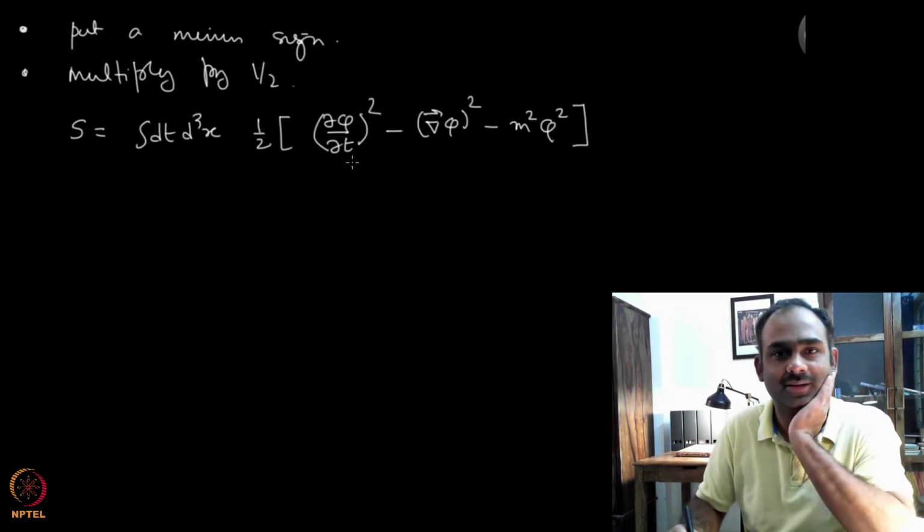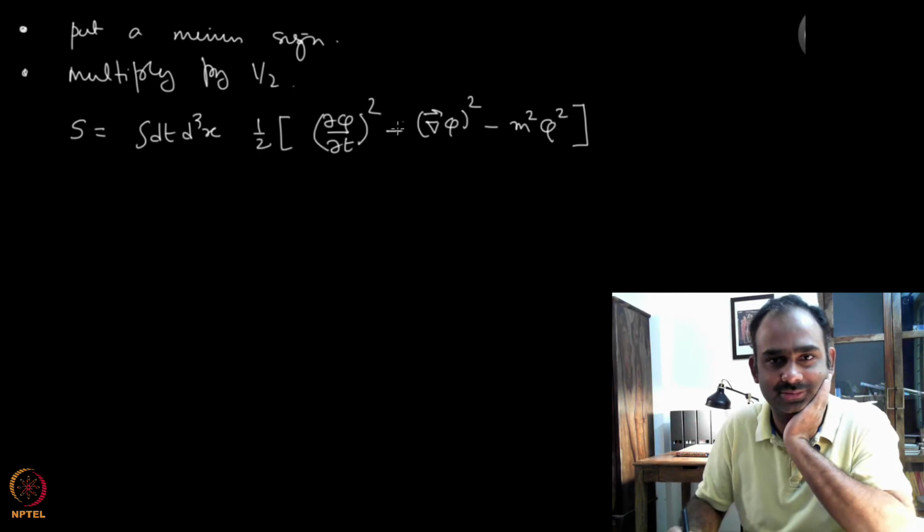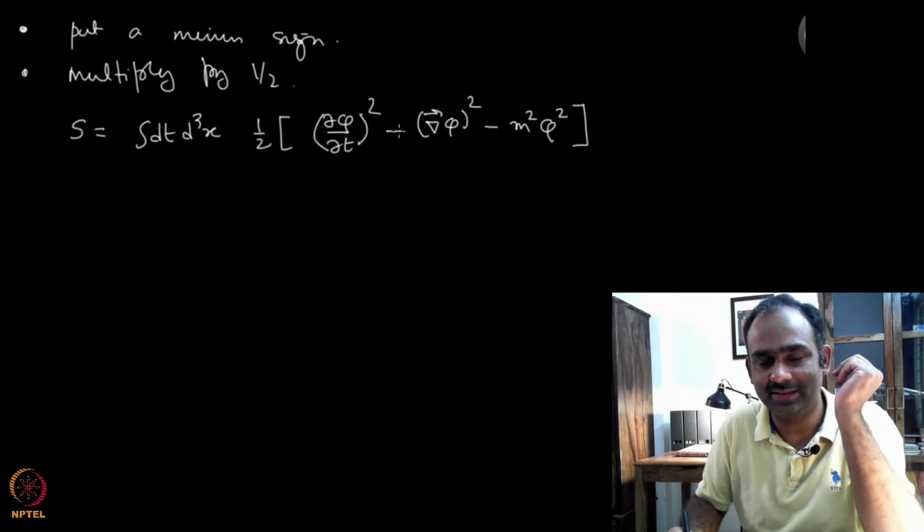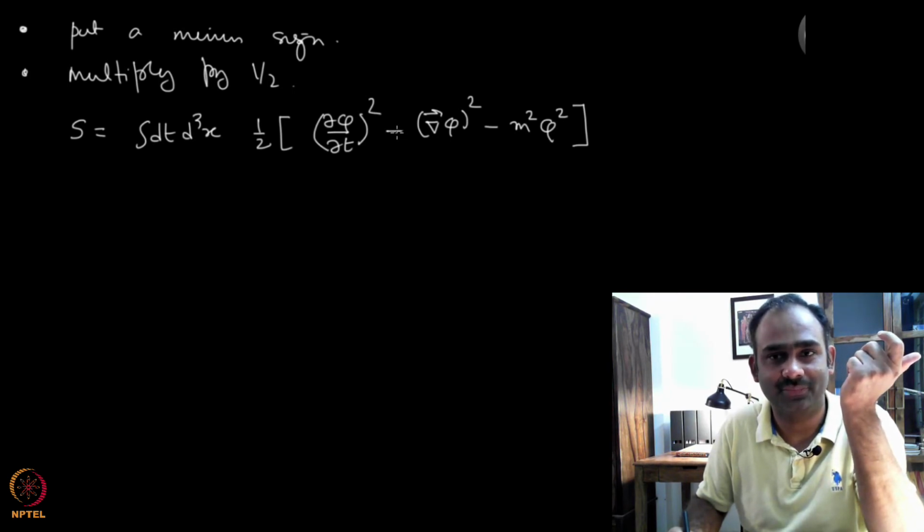If you ever worry about the relative signs, you can easily remember that the action has to be Lorentz invariant, and unless you have a minus sign here, you will not have a Lorentz scalar quantity.